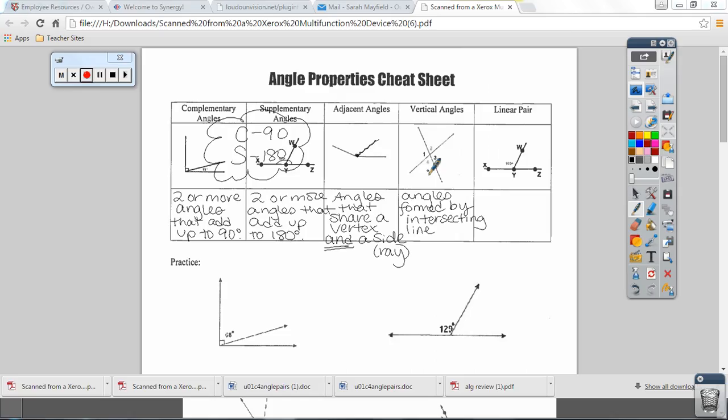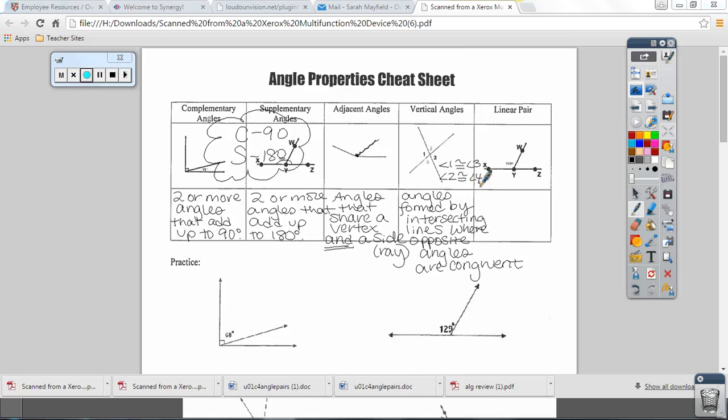In angles formed by intersecting lines, opposite angles are congruent. So the angle opposite to 1 is 3, and the angle opposite to 2 is 4. Those angles are congruent. So I would say angle 1 is congruent to angle 3, and angle 2 is congruent to angle 4.